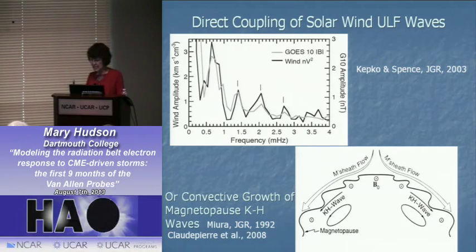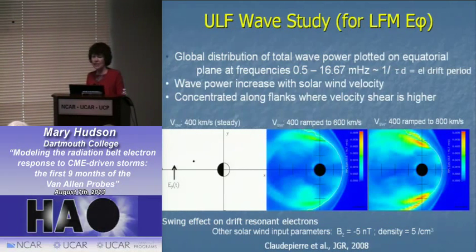As you increase the velocity of the solar wind, and that's what Seth's figure shows, you increase the power in oscillations that have a frequency comparable to the electron drift frequency. And that's what's being shown over here on the left. So it's this idea that if you are pumping the electrons with an electric field oscillation whose frequency is comparable to their drift frequency, then it's possible to energize them.